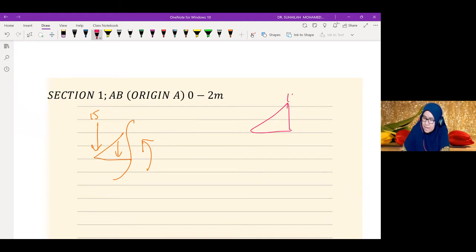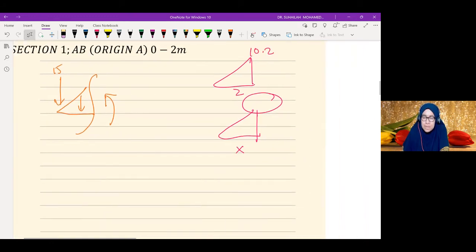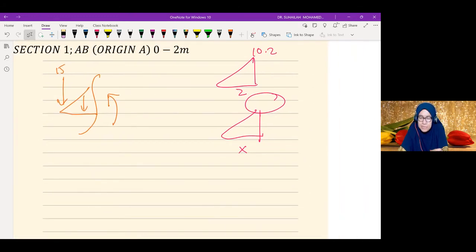If this is 10.2 for 2 meters, and this is X, we have to interpolate to get the new value at this position. For this we have to use trigonometry.